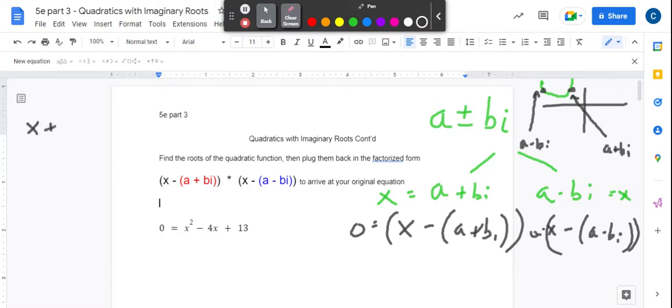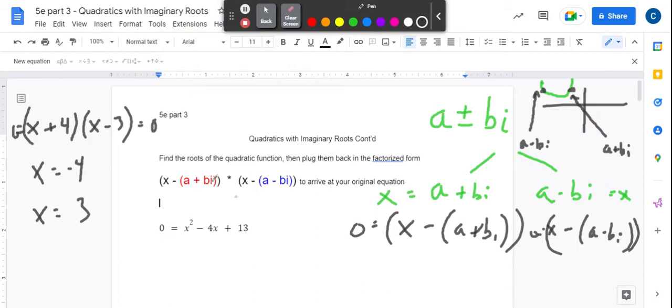It's the same thing as when we have a quadratic and we factor it out and get x plus 4 and x minus 3. The roots are x equals negative 4 and x equals positive 3, as we set each of these equal to 0. The same thing applies here. So this really factors out into x minus (a plus bi) times x minus (a minus bi).